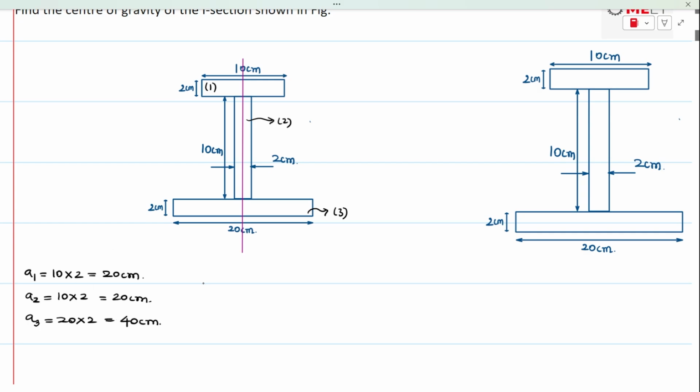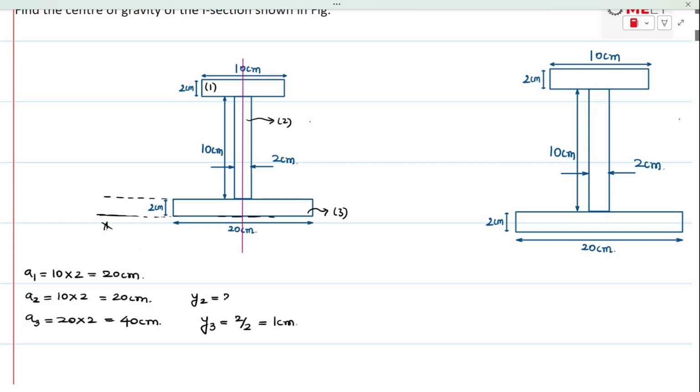And the y coordinate for area number 3 is straight away 2 by 2, which is 1 centimeter. And y2 will be measured from the ground. So this is our reference line. With respect to this line, the measurement has to be done. So we are finding that area number 2 is 2 centimeters above the reference line, or x-axis, whatever we call it.